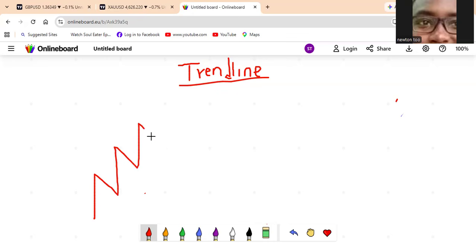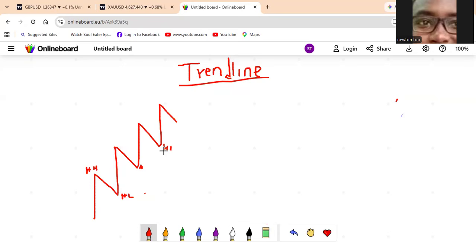Some people call it higher high, higher low, higher low. This is what you need to understand: the market moves in a zigzag way.